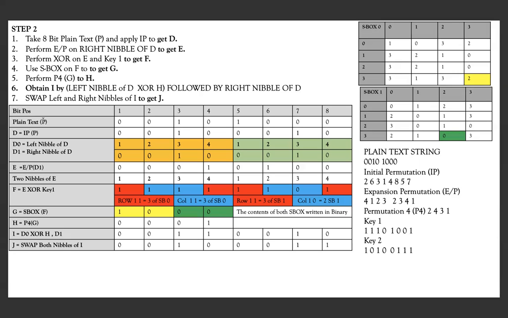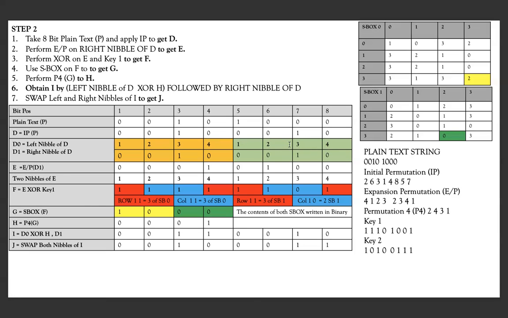Done? Okay, so now I have 2 nibbles. From this one sequence, I have 2 nibbles. This will be my left nibble, bit position 1, 2, 3, 4. This will be my right nibble, position 1, 2, 3, 4. Left, right nibbles of what? Of D. We're gonna call the left nibble of D, D0, and the right nibble of D, D1, okay?